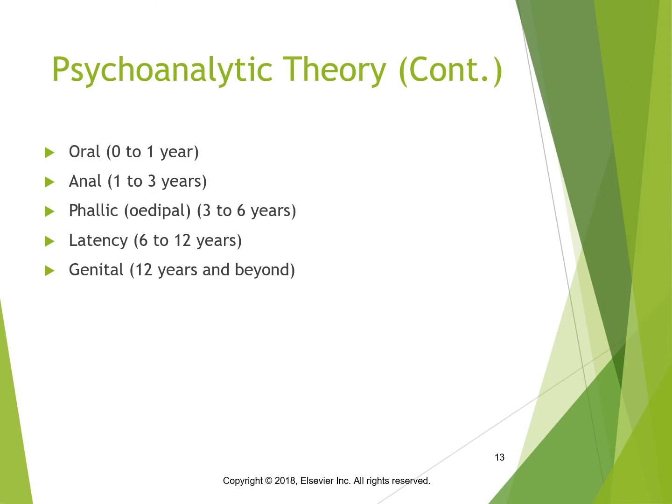Next is the genital phase, 12 years and beyond. So that is puberty and forward. The main task is development of satisfying sexual and emotional relationships. So the ability to be creative and find pleasure in love and work is the desired outcome if this desire is satisfied.